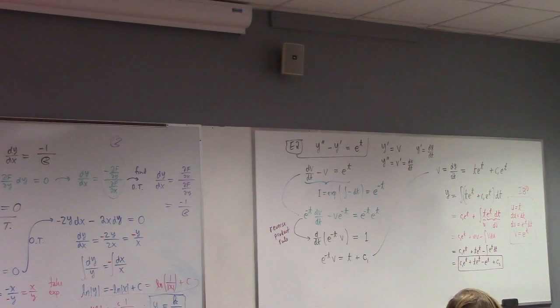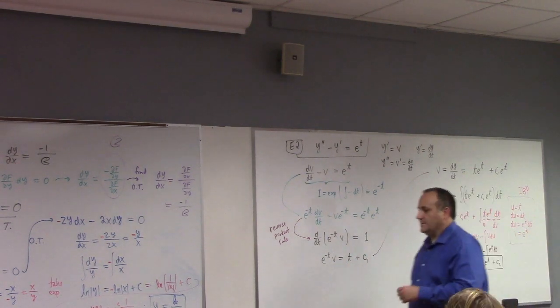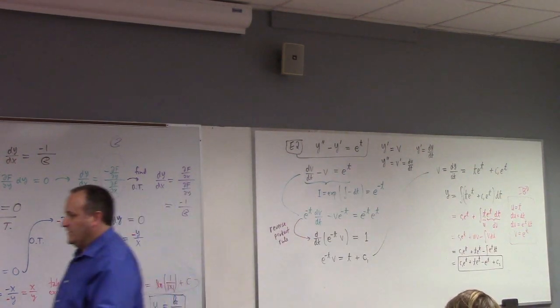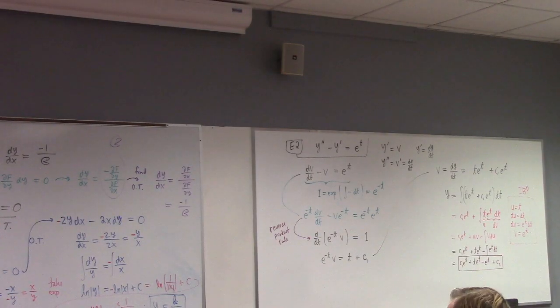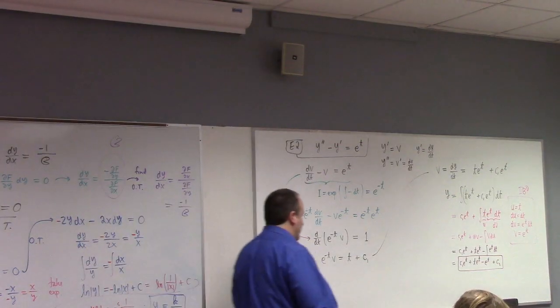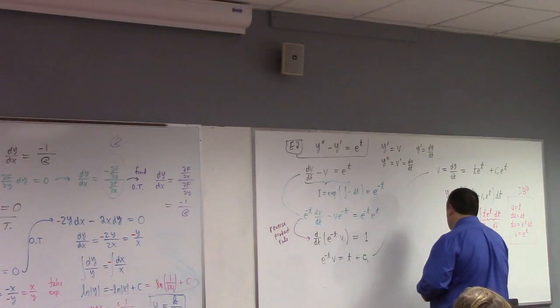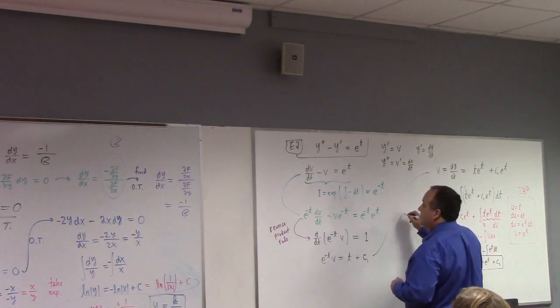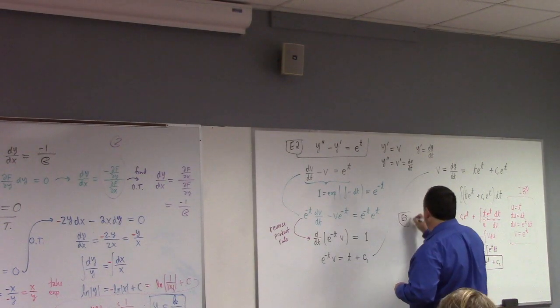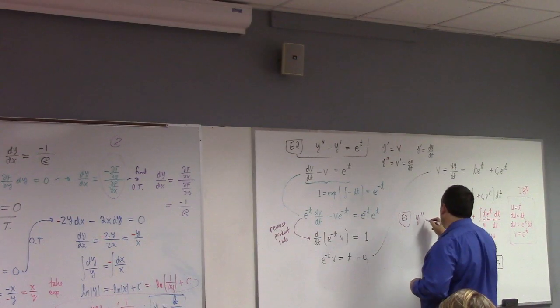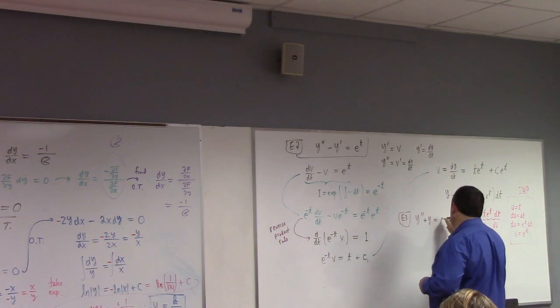So can we solve any second order differential equation with this kind of chicanery? The answer is sorta, sometimes. Let me show you one in the notes. While I'm getting the notes out, it's going to take me a minute to ramp up. In the meantime, see if you guys can solve it. Try to solve this one: y prime prime plus y equals 0.